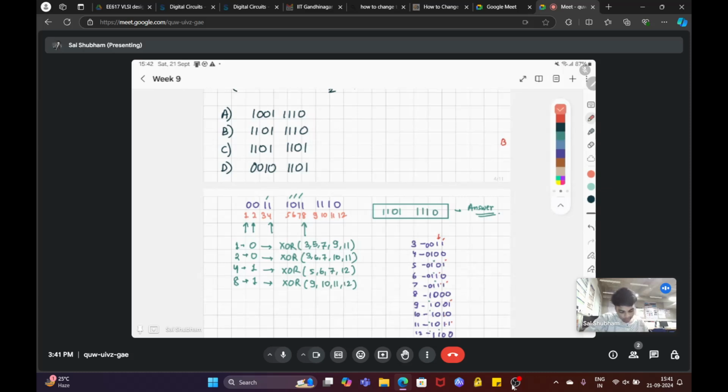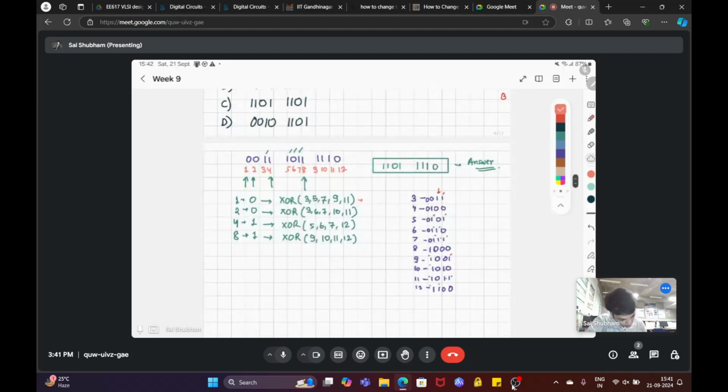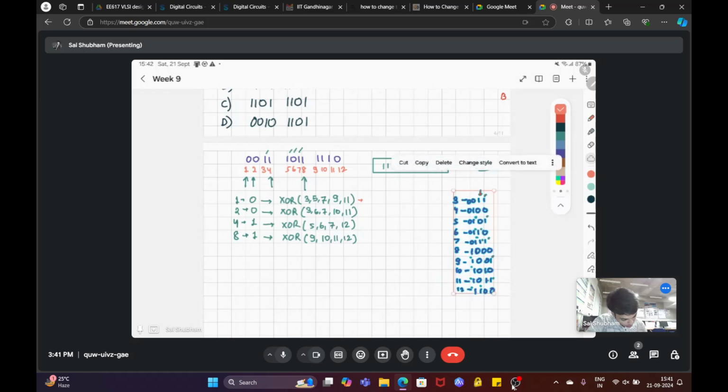So let's verify. This should be XOR of 3, 5, 7, 9, 11.